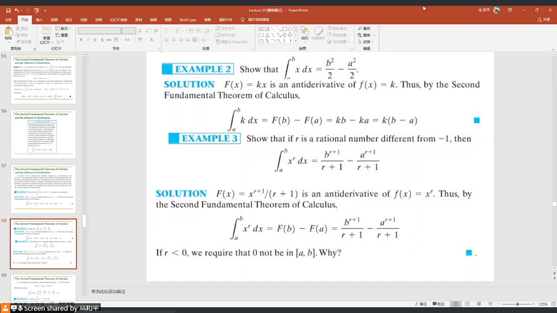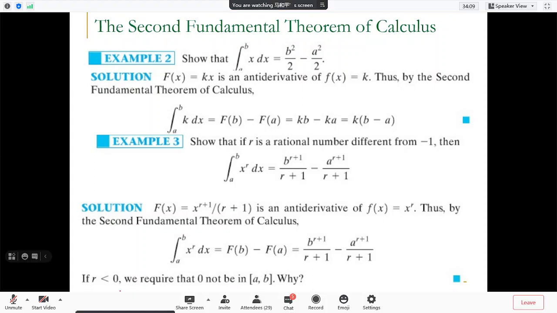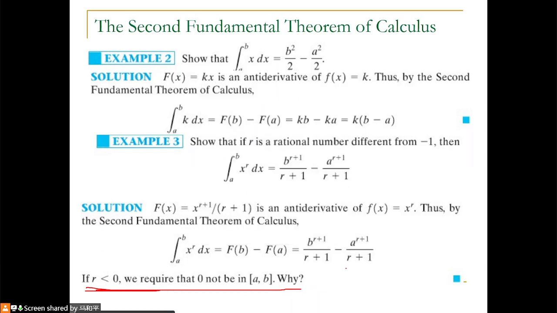Can you notice this? Here r is different from -1, and here, if r is less than 0, we require that 0 not be in [a, b]. Why? Maybe we can choose r equal to -2, and the integral of x to the power -2 dx.